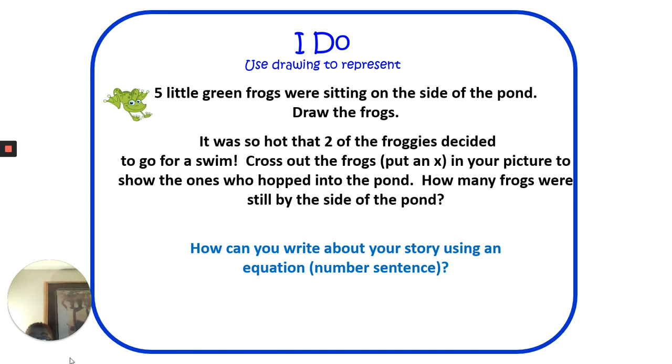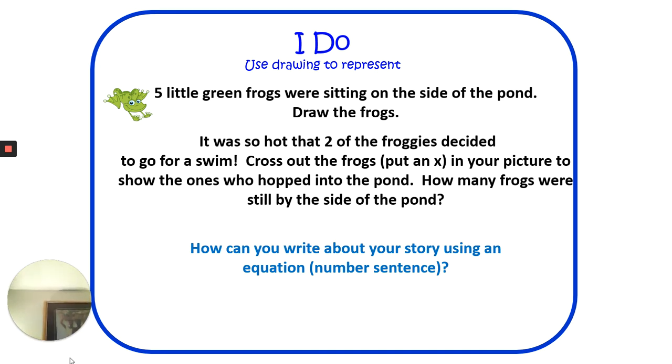I am going to do an I do. And that means I want you to just look and listen right now. I'm going to use a drawing to represent this subtraction story problem. It says, 5 little green frogs were sitting on the side of the pond.